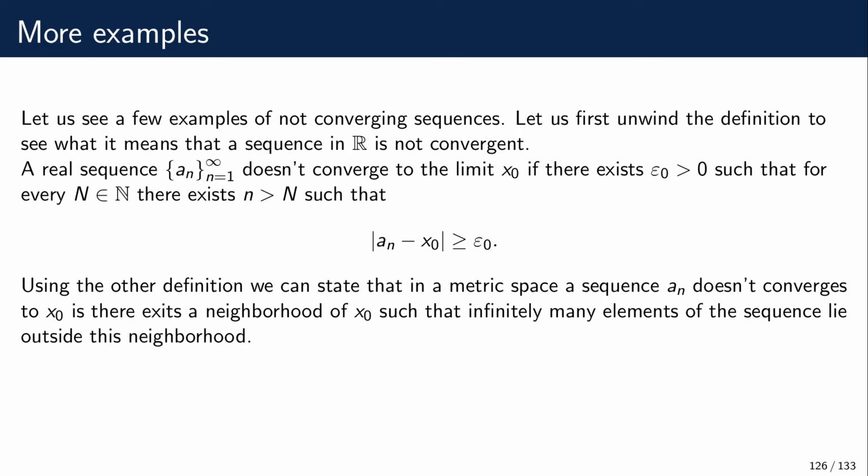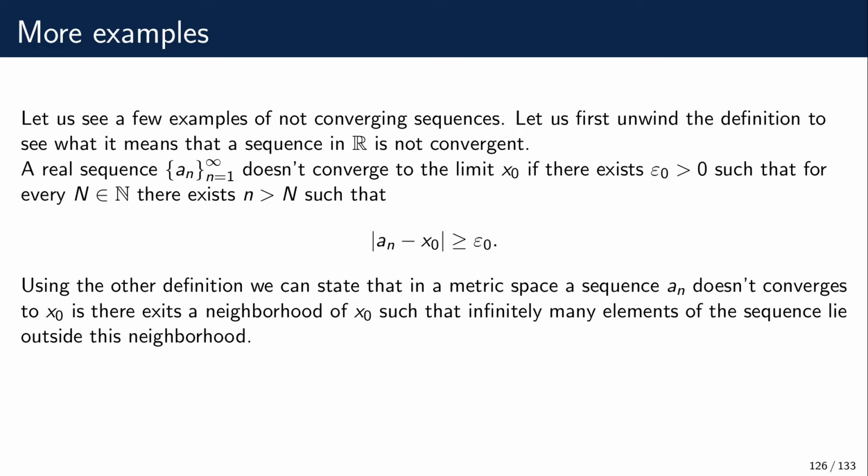So why do we say that there exists a neighborhood? Because suppose that we take a giant neighborhood, then it could happen that this very big set that contains an open set contains by accident all the elements of the sequence, right? But this will not work for every neighborhood.